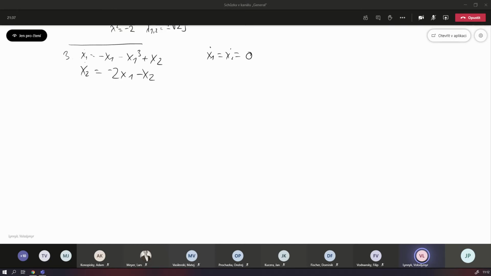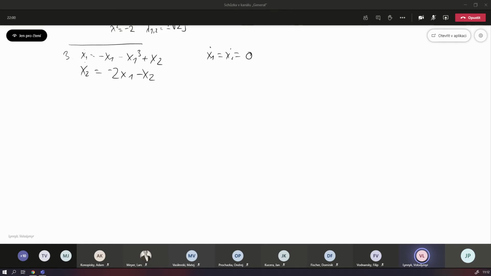For example, when we have some position and some speed, position is x1 and x1 dot is the speed, and x2 dot is the acceleration, and so on.